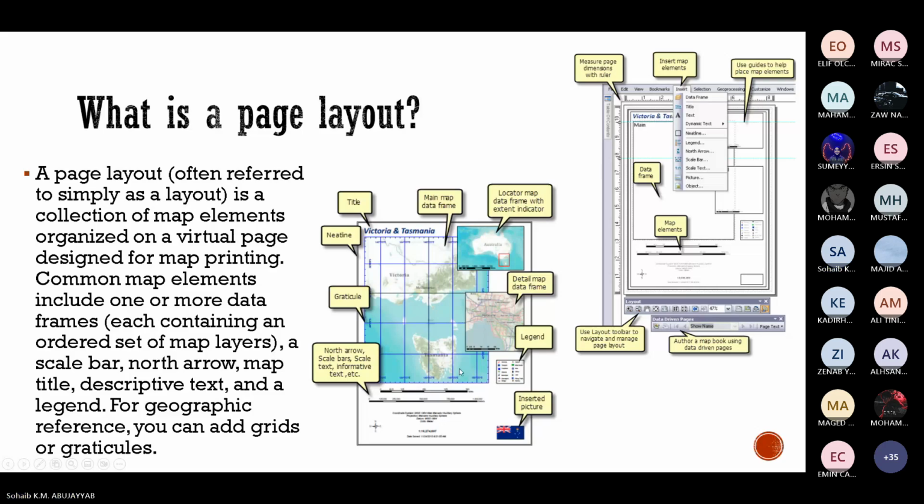For example, this area, Tasmania. Tasmania is a very small island in the southeastern part of Australia. So this locator map shows where this area appears relative to a larger area.